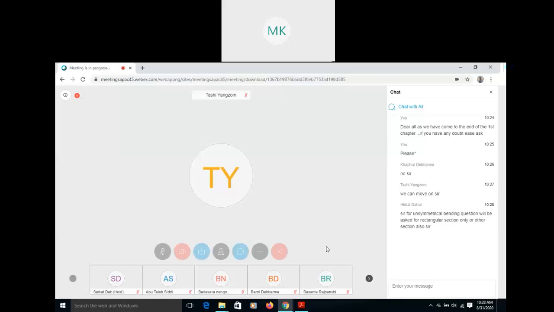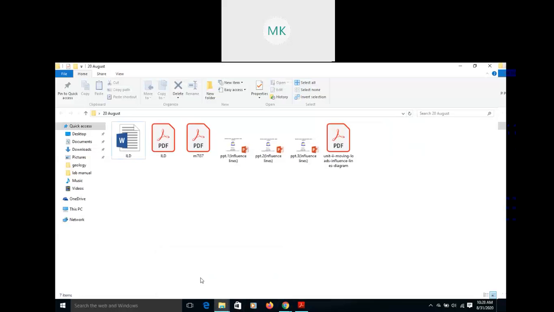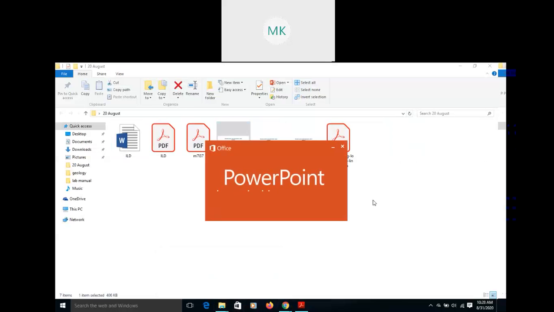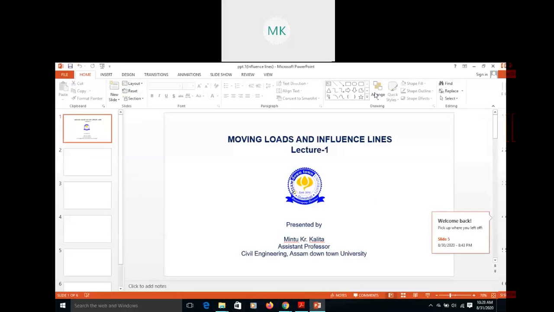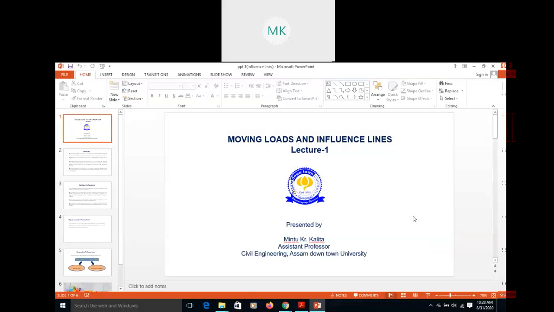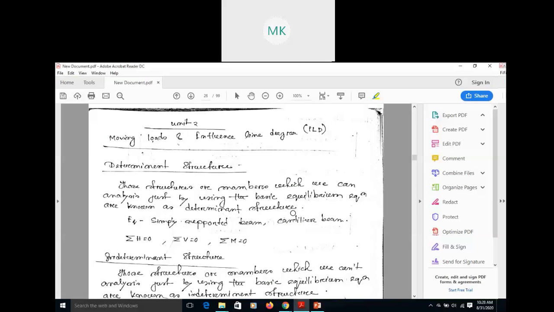Our next chapter is moving loads and influence lines. Okay. So this is our unit two, moving loads and influence line.